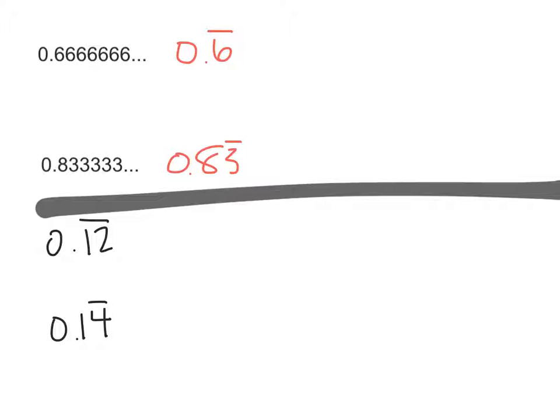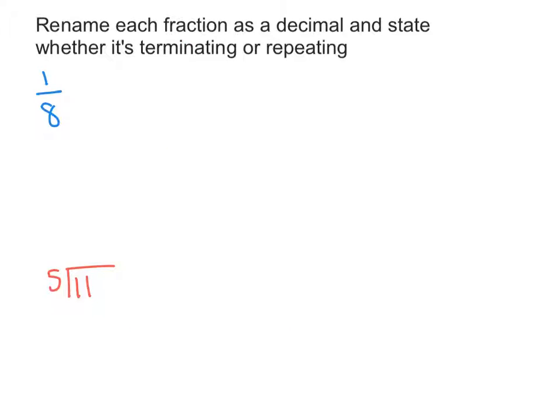And if we wanted to expand these decimals that have the bar over them to, let's say, 4 decimal places, we could turn this into 0.1212 and this one into 0.1444, but notice the bar is only over the 4. Not too bad, right? Let's rename each fraction as a decimal and state whether it's terminating or repeating.